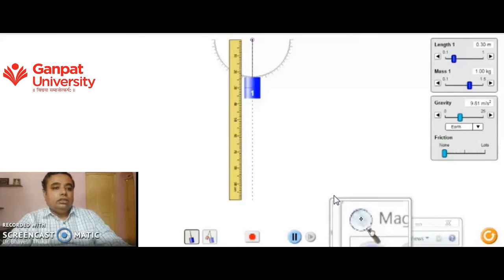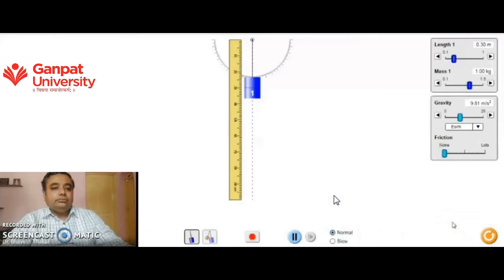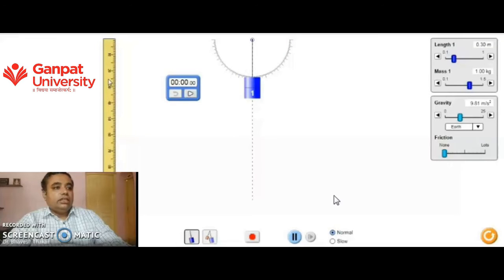So we'll remove this magnifier. We can add a stopwatch. This is a stopwatch. Now we'll remove this scale, and then we'll start the oscillation. As you can see, the pendulum is oscillating, and we'll find out the time duration for 10 oscillations.